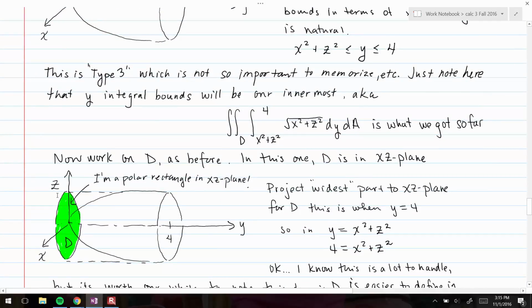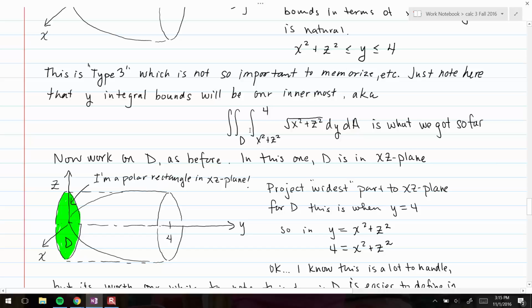Alright, so here's an illustration with, in green, the domain D. And then maybe you start looking at that and say, okay, that's going to be when y equals 4, so I can set that equal to my paraboloid with y equal to 4, and that's the circle with radius 2.